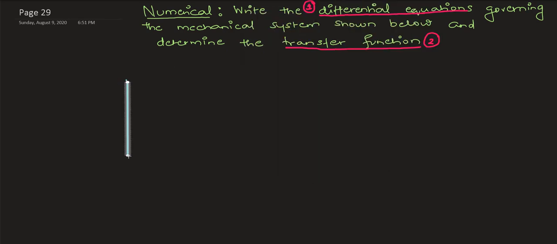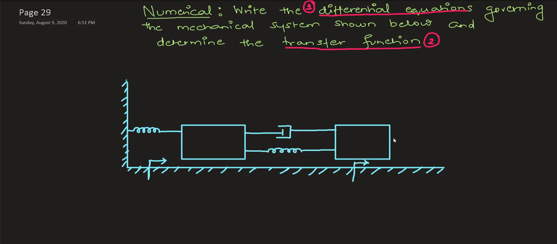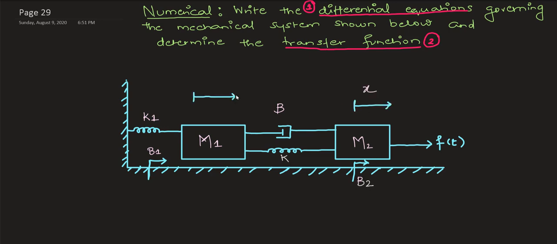So let me draw the question system here. We have two masses shown here, M1 and M2, attached by a spring and a dashpot, and you have an external force f of t acting on the system, and that is subject to displacements x1 and x.